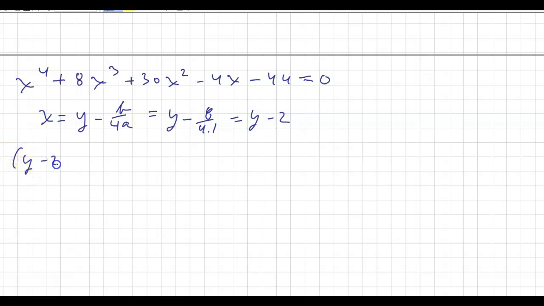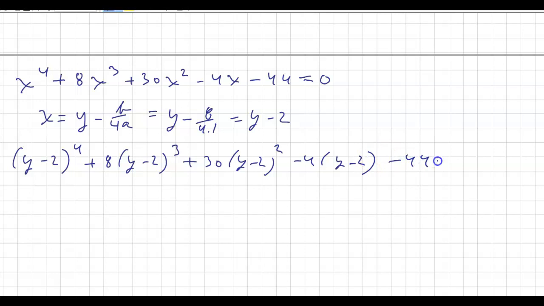And if you replace each of the x's with y minus 2's, and you're really careful with your calculations, you get the equation y to the fourth plus 6y squared minus 60y plus 36 equals 0.